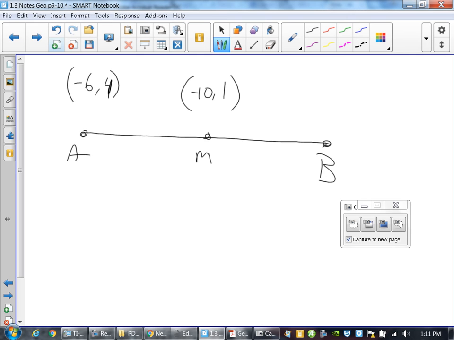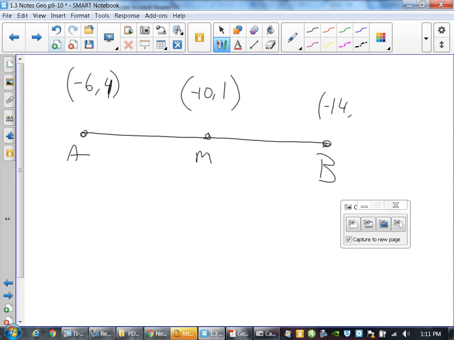So from -6 to -10, do we go up or down? How many? What's 4 less than negative 10? Positive or negative? Okay. From 4 to 1, up or down? What's 3 less than 1?